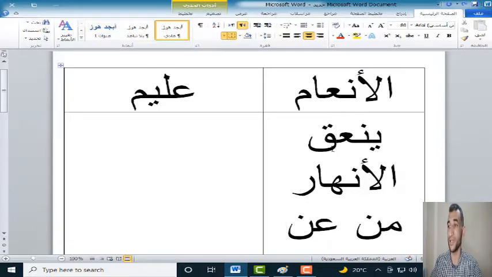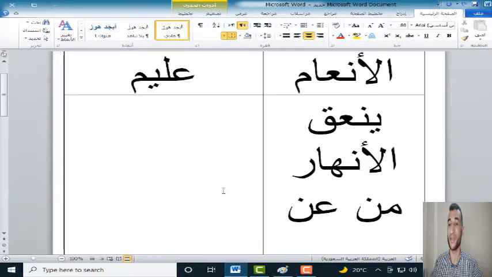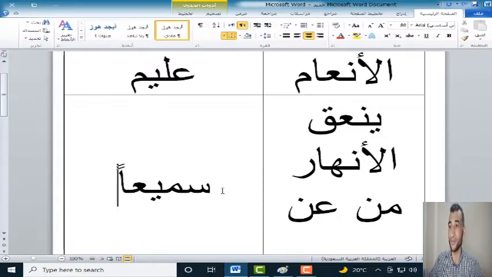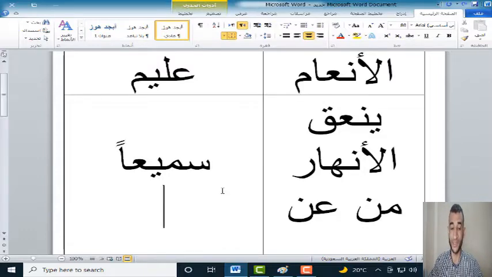So this is a verb, this is a noun and this is a preposition. But the Nun of the Tanween, I can find it only in nouns like Sami'an. Sami'an is a noun, okay?